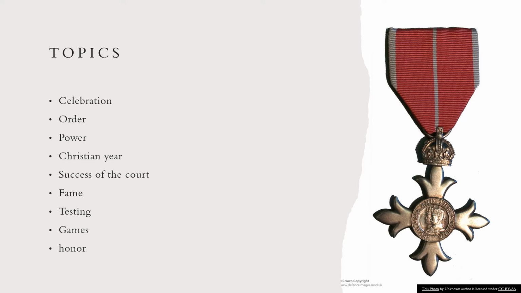The power of the court, the power of Arthur, very important. The success of the court. As I mentioned, the Christian year was divided into a holiday or holy day about every month, if not more than one per month. So that was the way the people of the Middle Ages marked time.